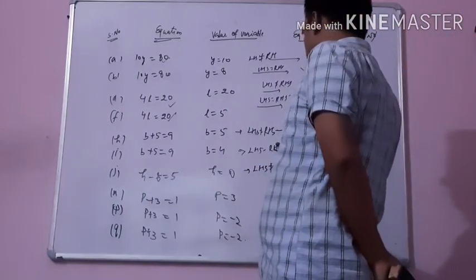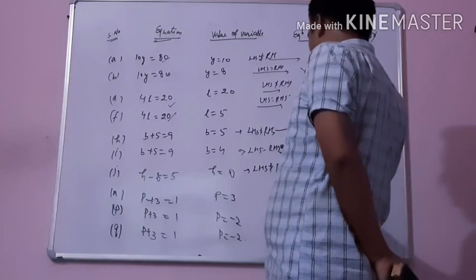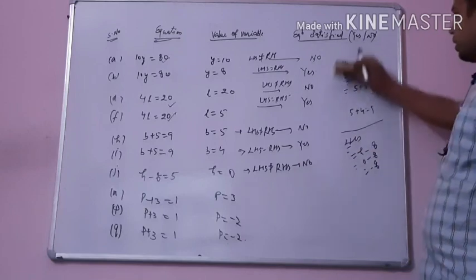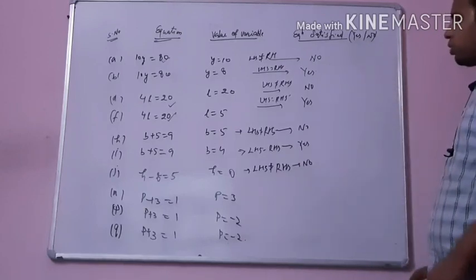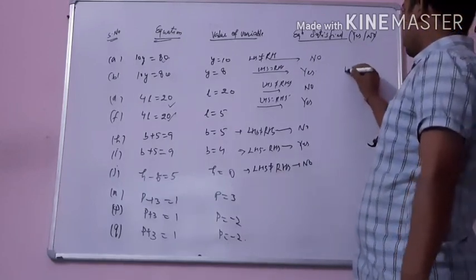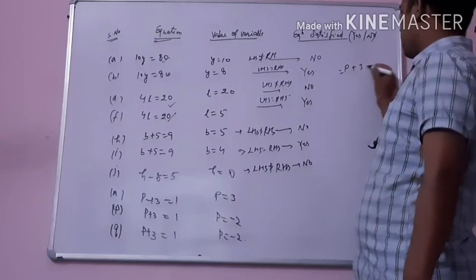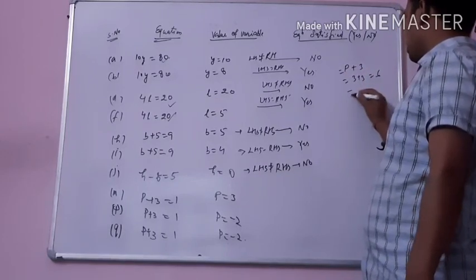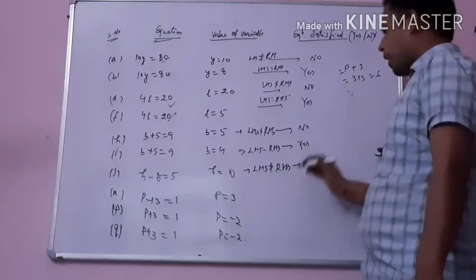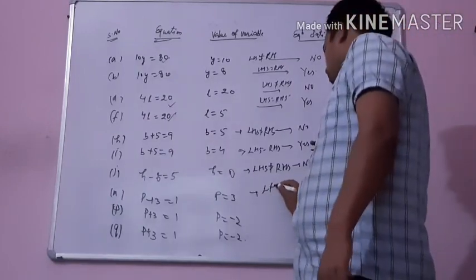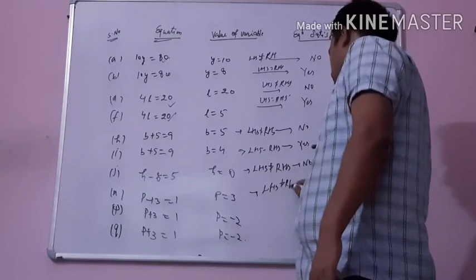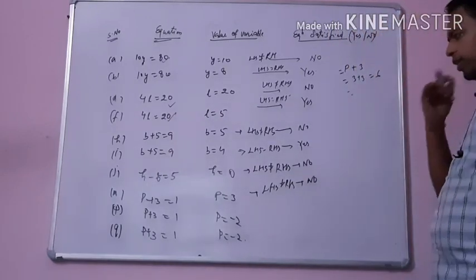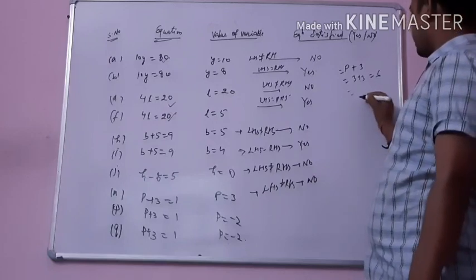So no. Now p plus 3 equals 1. So p plus 3, putting p equals 3, 3 plus 3 equals 6. LHS not equals to RHS. So what will be the answer? No.